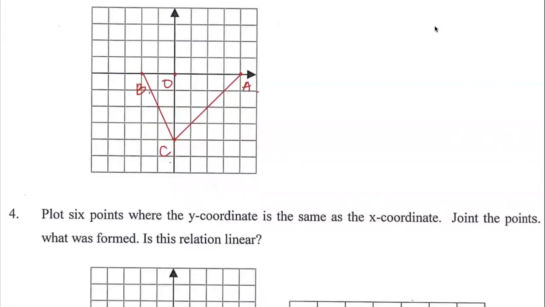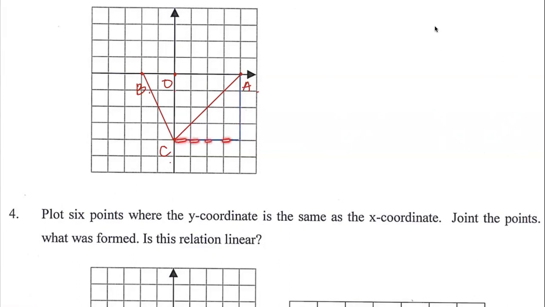Okay, so if we construct a right triangle, it should be like this, right? And both sides of the triangle have 1, 2, 3, 4 units.